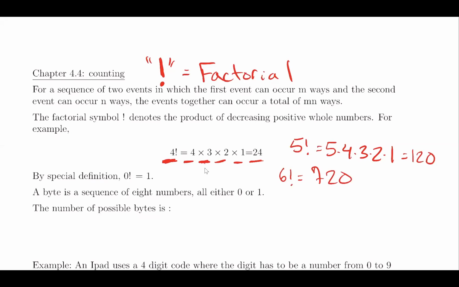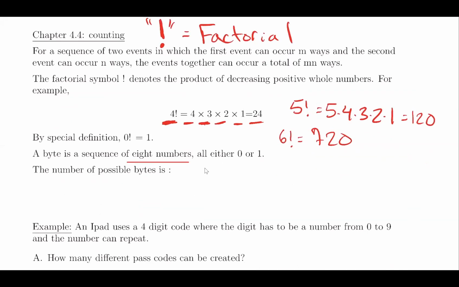How many digits will that one number have? Oh, 8. Yeah. So it could be like 0, 1, 0, 1, 0, 1, 1, 1. So it should have 8 digits, and all the digits should be either 0 or 1.